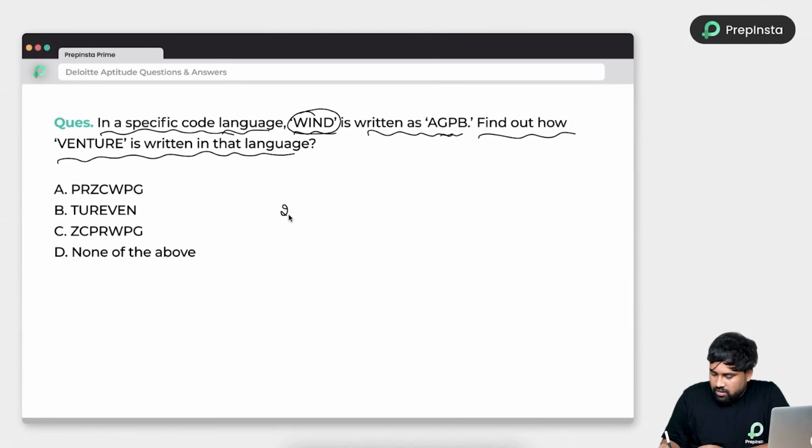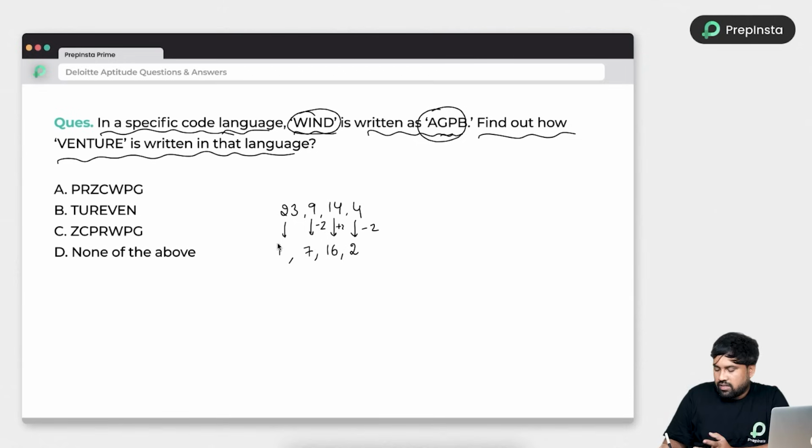So W is 23, I is 9, N is 14, and D is 4. So it is converted to AG. A is 1, G is 7, P is 16, B is 2. So here it is minus 2, here plus 2, here minus 2.